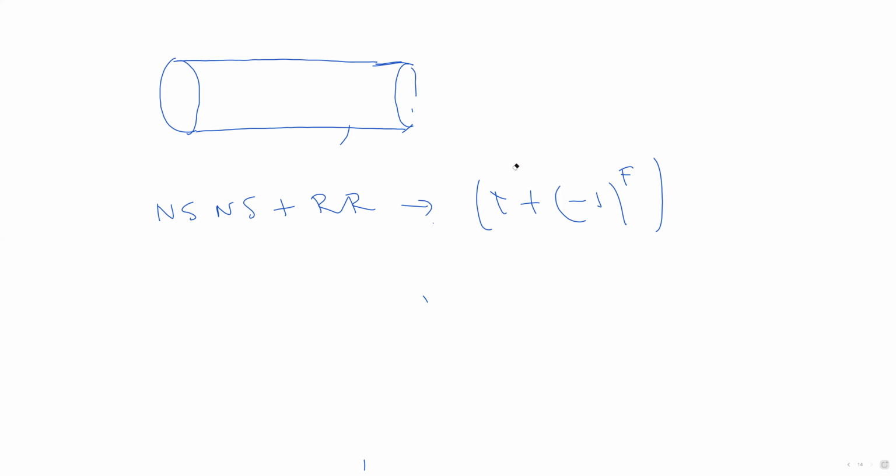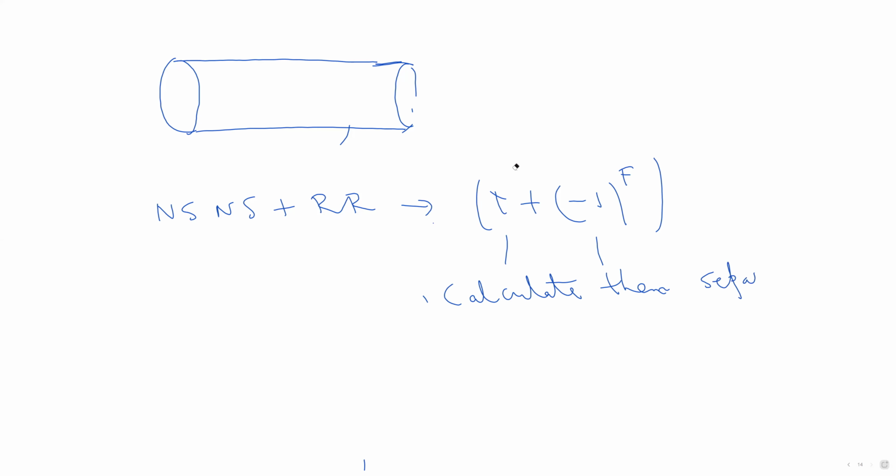But if you use this insight that those NSNS and RR exchange contributions are just the two terms in a GSO projection operator, then you just calculate them separately. You can read out the NSNS exchange contribution and the RR exchange contribution separately. That's the answer.